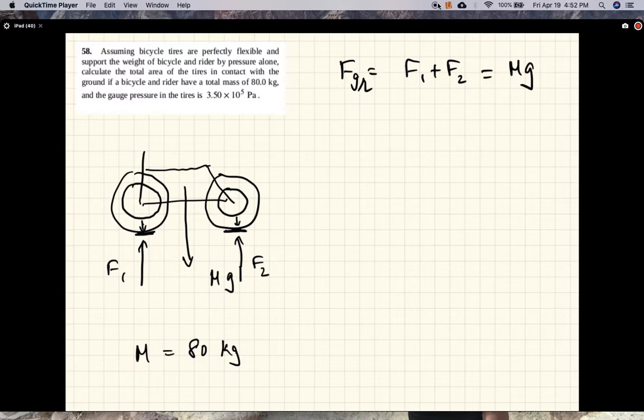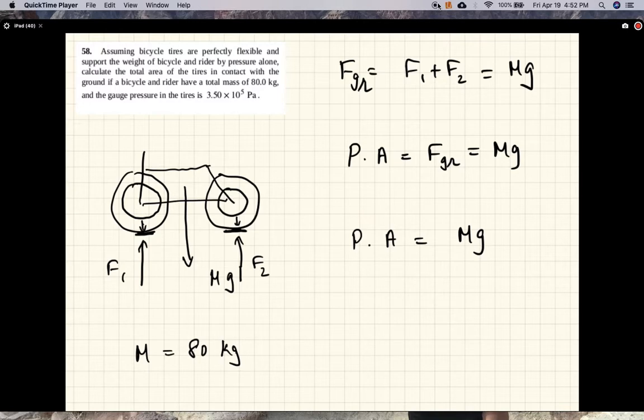What that amounts to is the absolute pressure in the tires times the area of the tires in contact with the ground should equal the ground force, which equals mg. So absolute pressure times the area should equal mg.